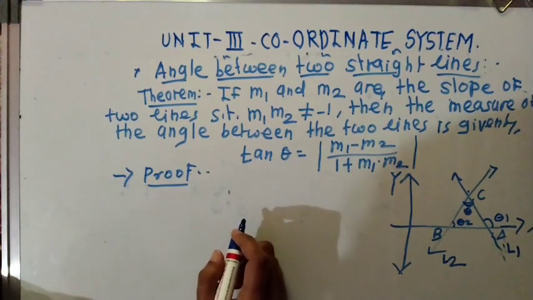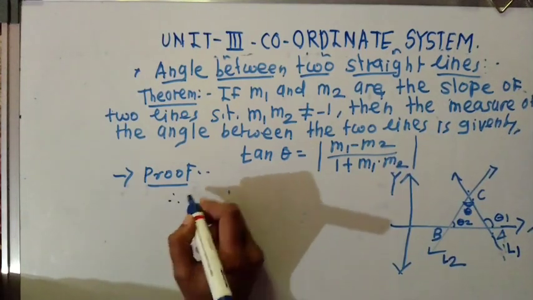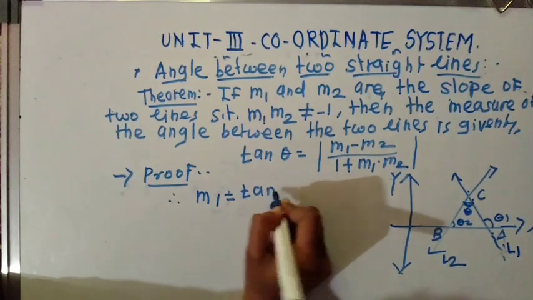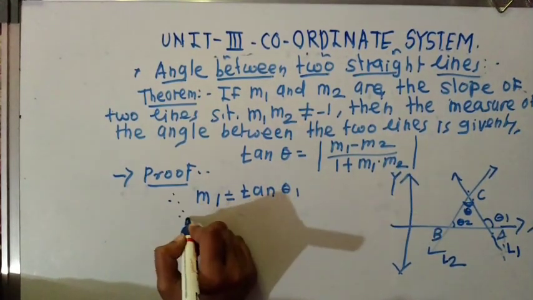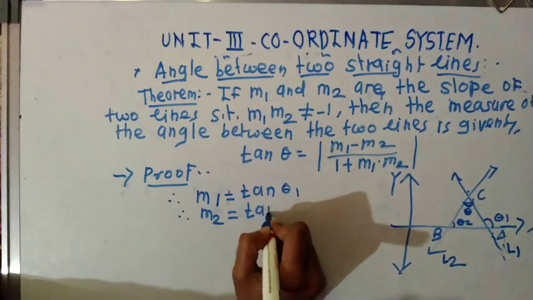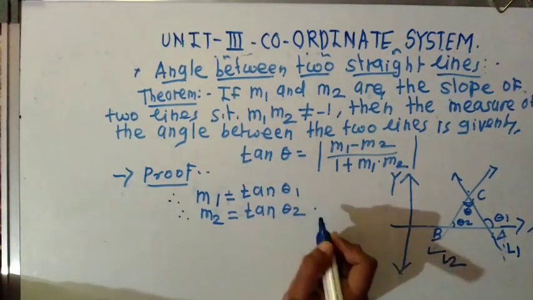Then the inclination of line L1 is given by m1 is equal to tan theta 1 and m2 is equal to tan theta 2.